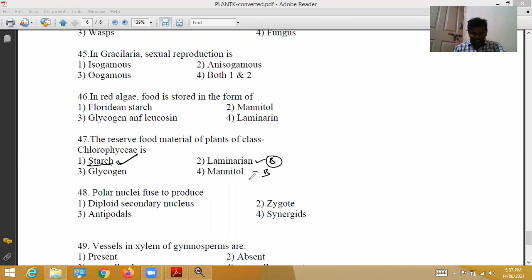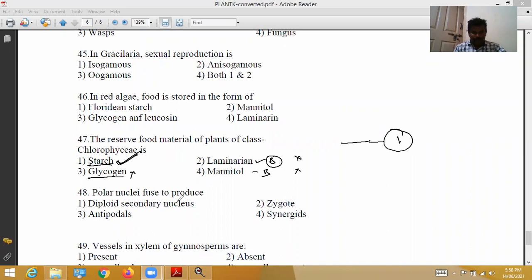Glycogen is a later-stage food storage, but the reserve food material of plants of class Chlorophyceae is starch. So the second, third, and fourth options are wrong. The correct option is first.